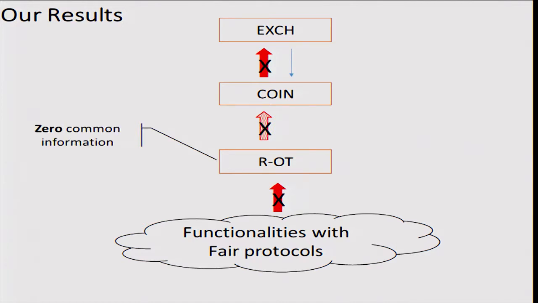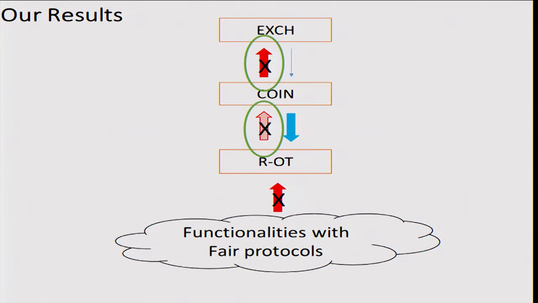Once again, our result is more general, and any sampling functionality with something called zero common information cannot give coin. We'll come back to this later. Finally, we have a positive result, which shows that given access to coin, one can obtain a fair protocol for randomized oblivious transfer. In this talk, we'll be spending some time on this result and this one.